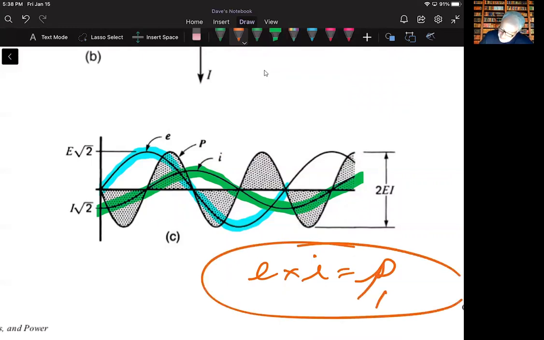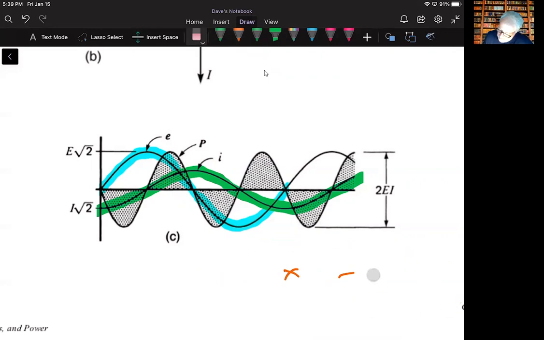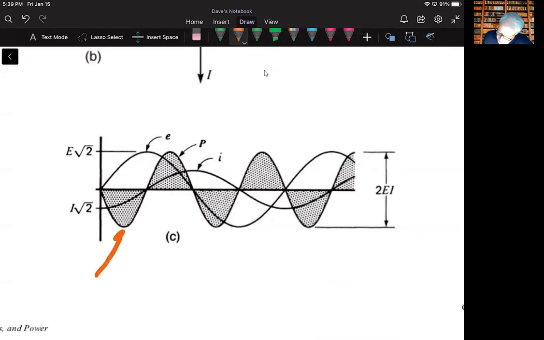So, same concept as before, but I want you to notice something here. This portion of the power curve is the product of the instantaneous voltage and current. And these are giving us our peak values, which is the effective times the square root of 2 for the current.